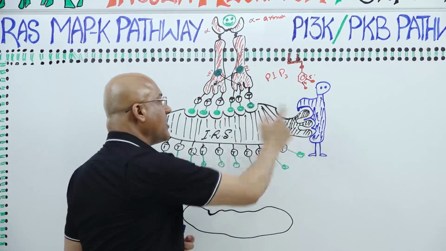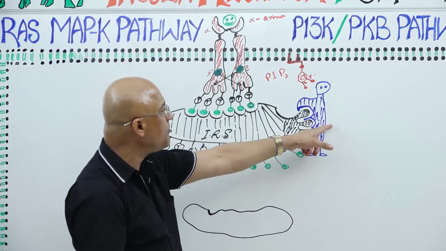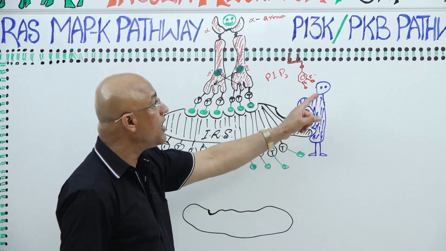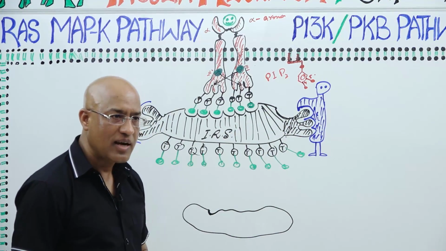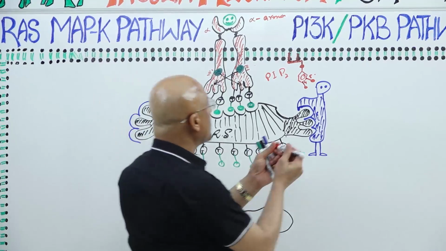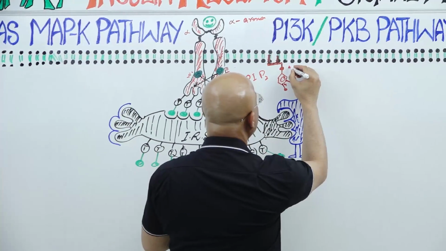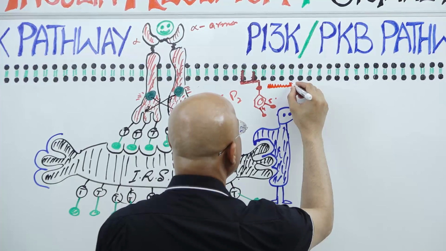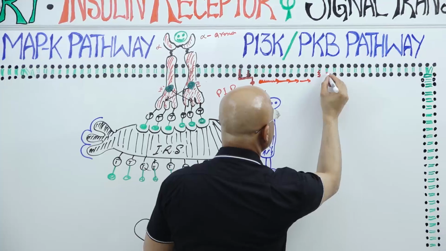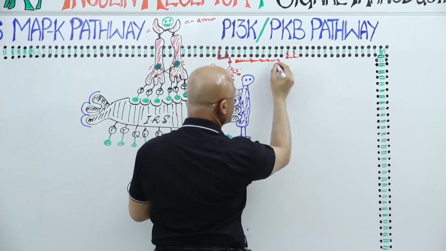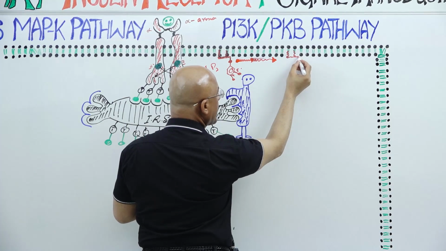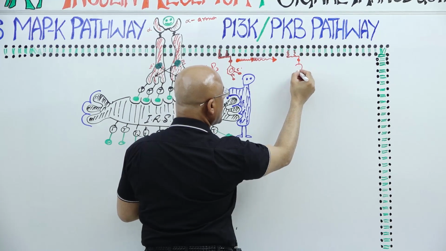Now, what will this Tarzan do? Tarzan is an enzyme which will act on this lipid, and Tarzan will add one more phosphate, right? So this lipid will undergo a change, and that change will result in a modified lipid having the same long chain fatty acid with glycerol backbone with phosphate and inositol.